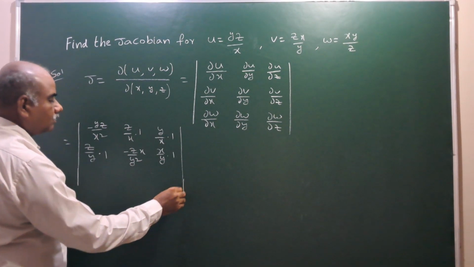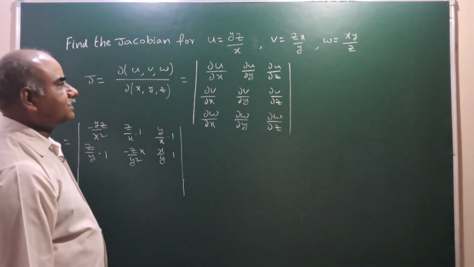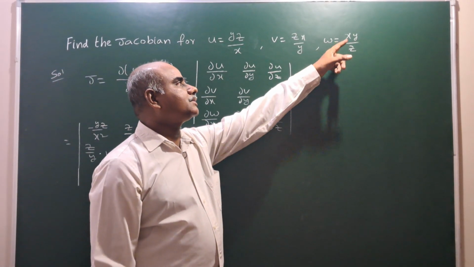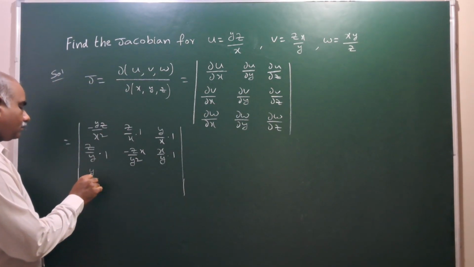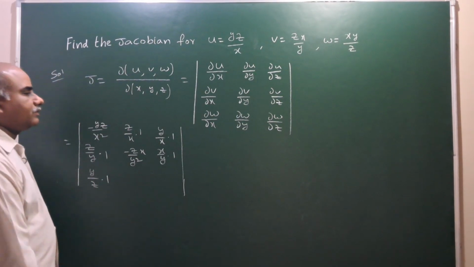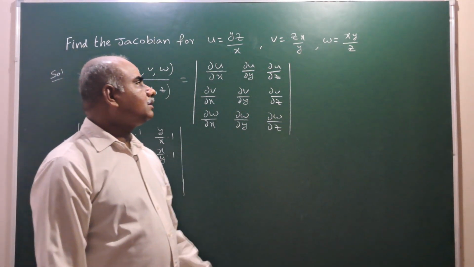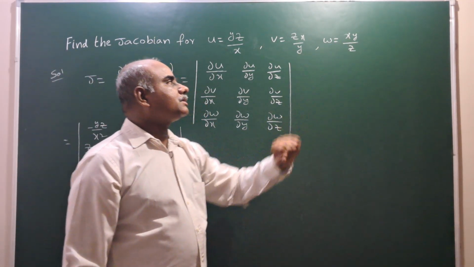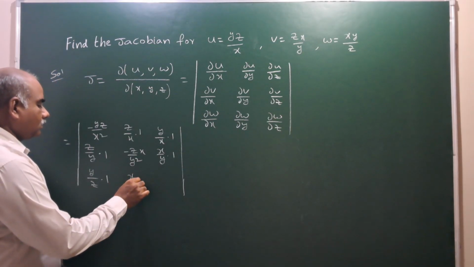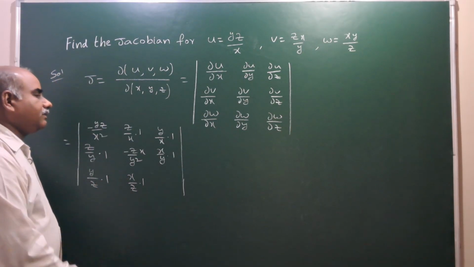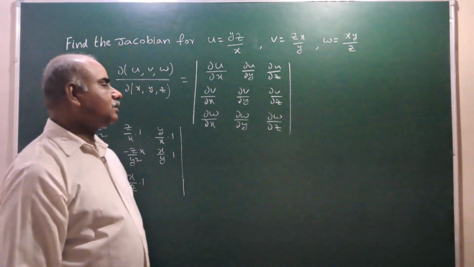Next, w. ∂w by ∂x. Here x is a numerator, so treat y by z as constant. Derivative of x is 1. ∂w by ∂y. Y is also a numerator, so treat x by z as constant. Derivative of y with respect to y is 1. ∂w by ∂z.